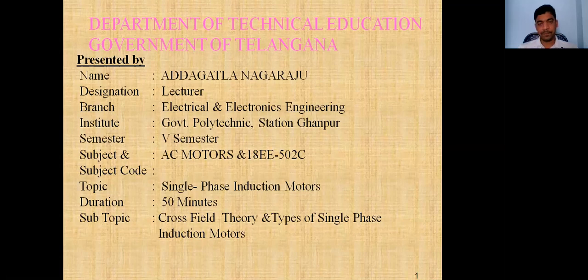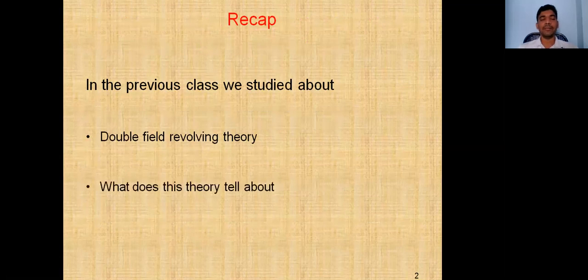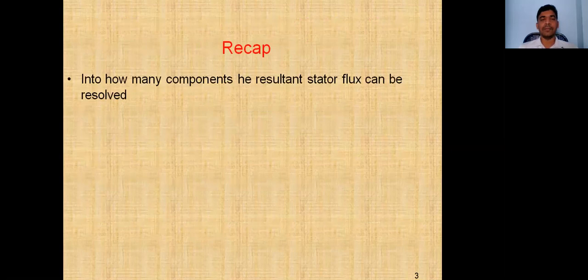In the previous class, we studied double field revolving theory. What does this theory tell us? Into how many components can the resultant stator flux be resolved?